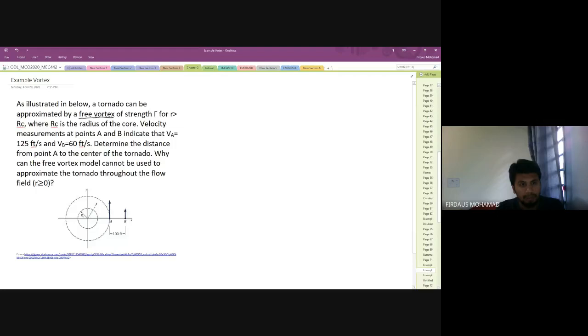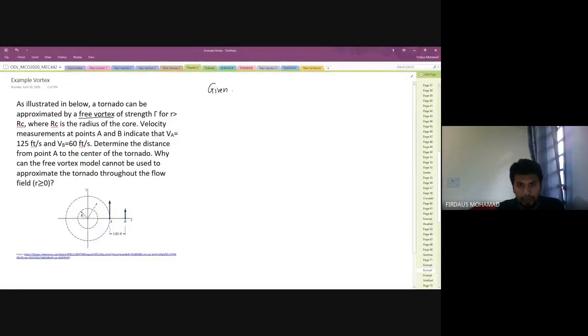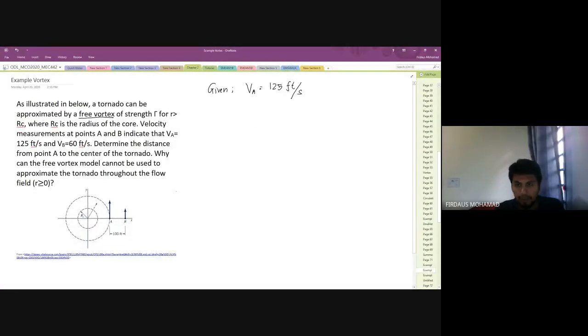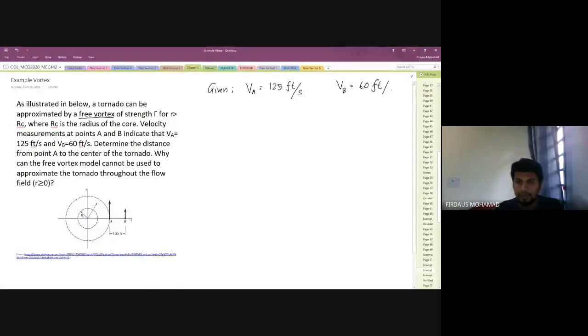Velocity measurement at point A, VA, is given as 15 feet per second, and then VB is given as 60 feet per second. So it is the velocity at point A and the velocity at point B.